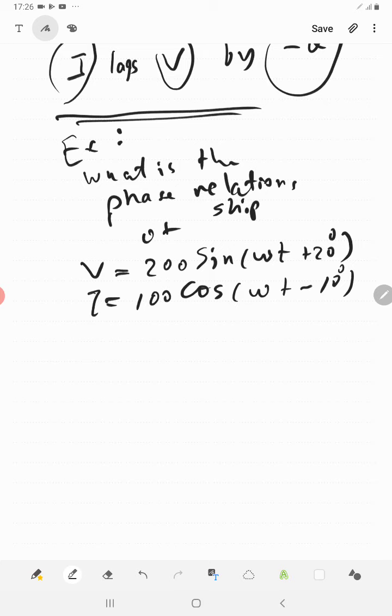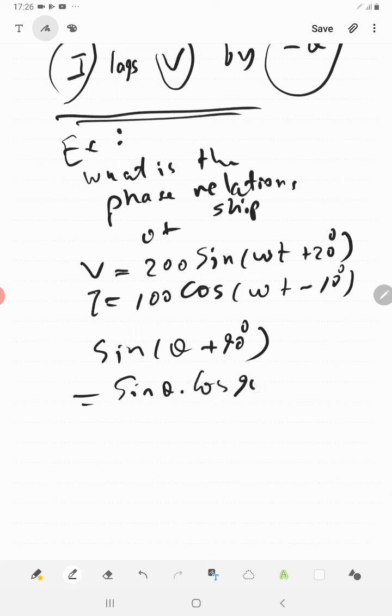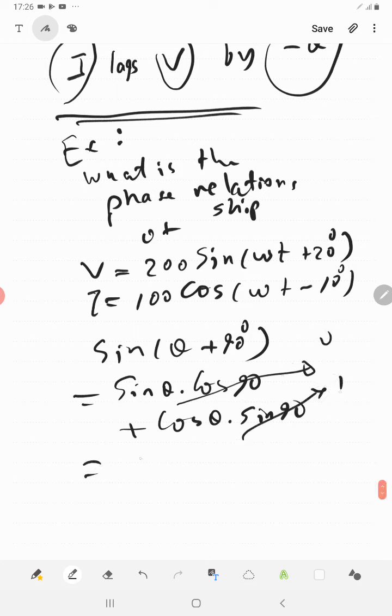Okay? We know that sine of theta plus 90 degrees is equal to sine theta cosine 90 plus cosine theta sine 90. Cosine 90 is 0, sine 90 is 1. So it is cosine theta, right?